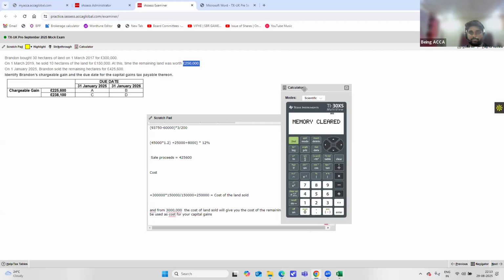Let me open up. I have 300,000 into 125,000 divided by 125 plus 250 would be 400,000. 93,750 minus your initial cost of 300,000 would be giving you your 206,250 plus 425,600.